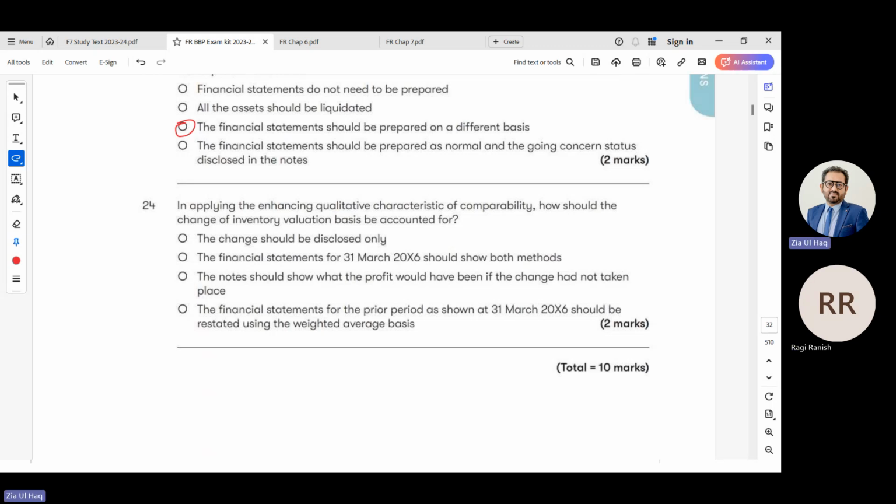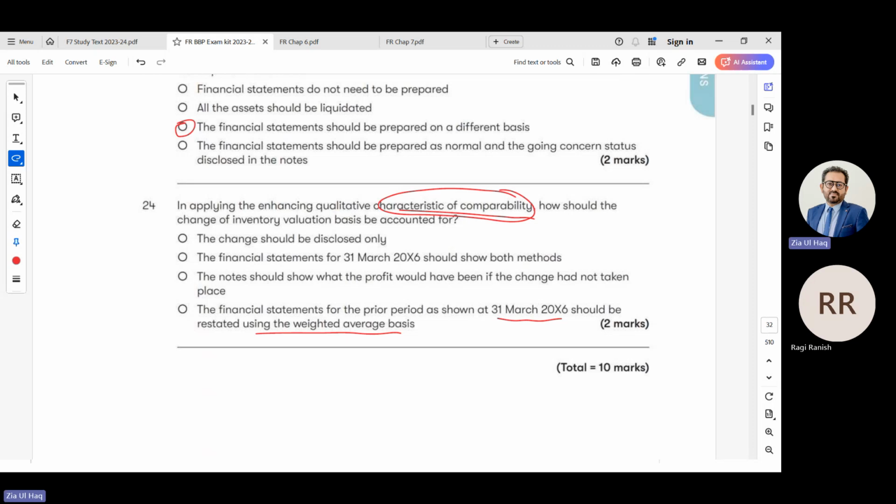The financial statements for the prior period, as shown at 31st March 2026, should be restated using the weighted average method because you want to meet comparability. If in the previous year the method was different, and in the current year you are calculating figures on a different basis, you need to restate the previous values on the same accounting policies so that both have the same policies, because we need to focus on comparability.